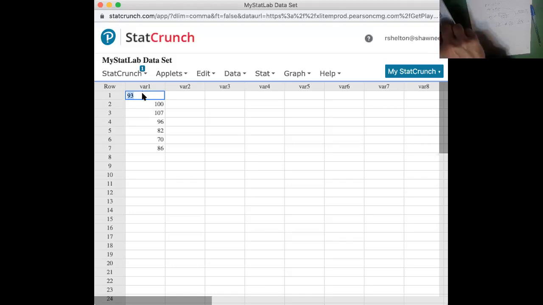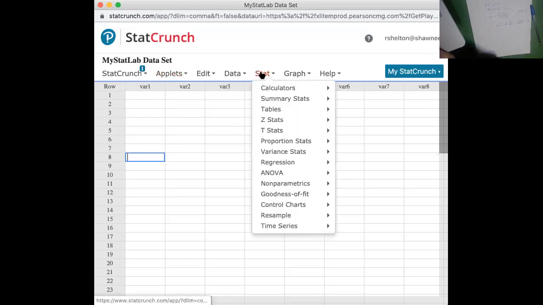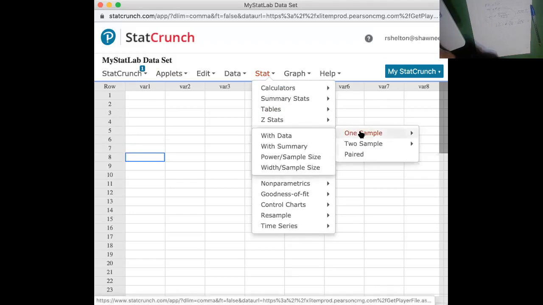This was just junk data, and we're not going to tell it to use this data anyway, but I'm being careful, because the computer might use something we don't want it to use. Anyway, we're doing t-stats, one sample. We don't have data, just summary information.